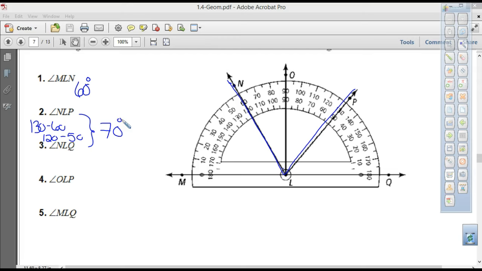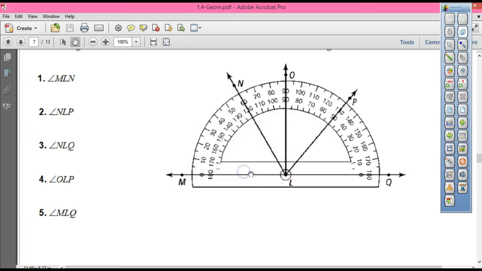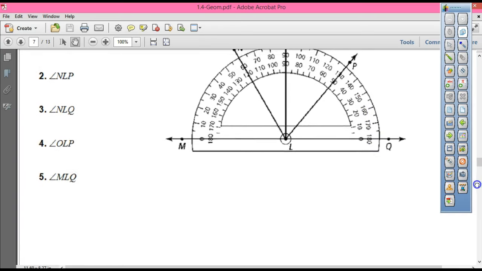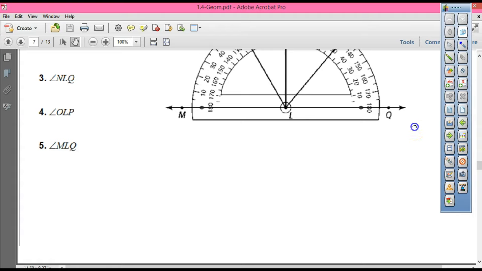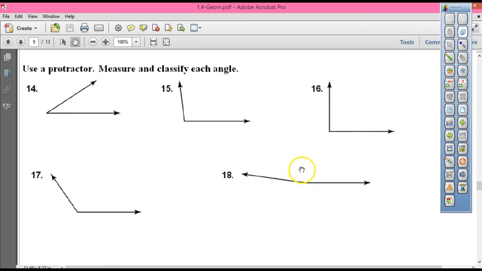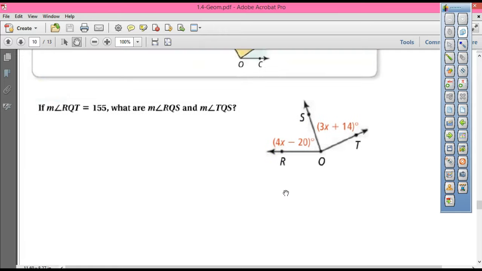Good. All right, and then we need to talk just a little bit about the angle addition postulate, which was a lot like our segment addition postulate that we had.